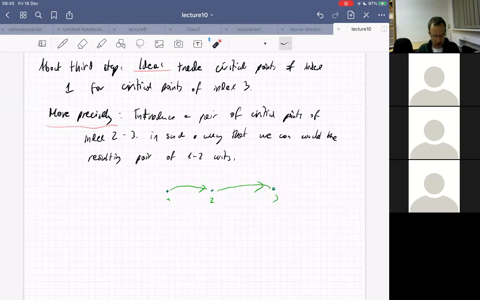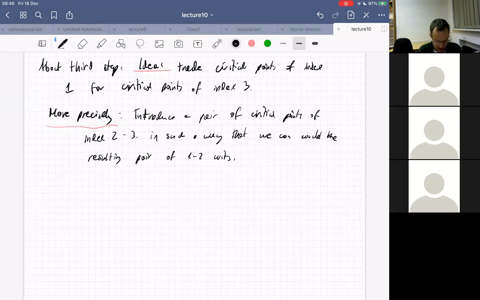So that's what we will do. And I don't know why this picture reminds me of plumbing calculus for surface singularities, but it's probably not that related, but the idea is similar.